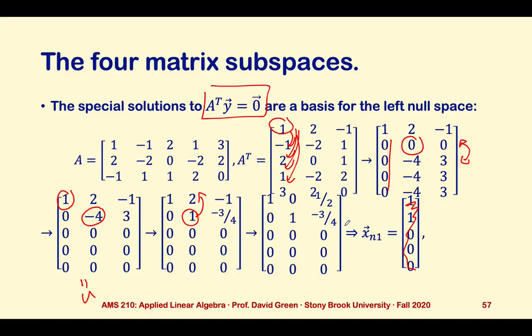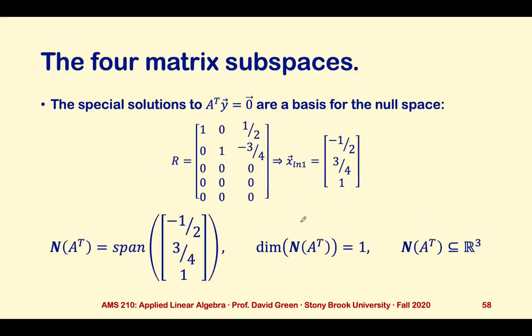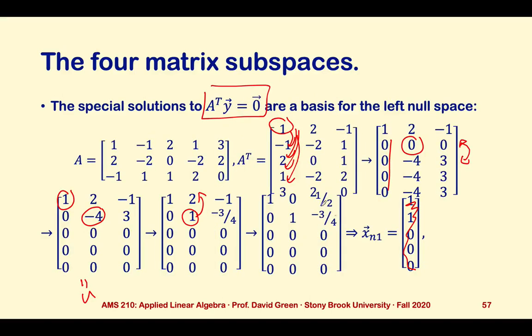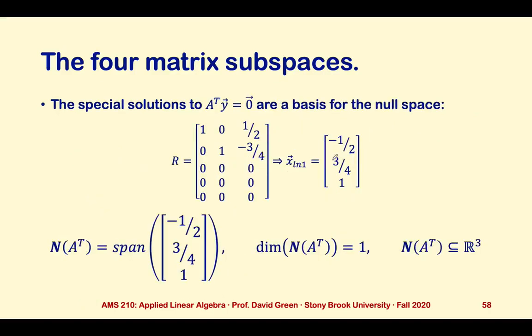This gives us our reduced row echelon form. So let's just call this R. And from this, we can pull out our final answer. We identify the free variables, that is x3. There is only one of them, which means the left null space has a dimension of 1.